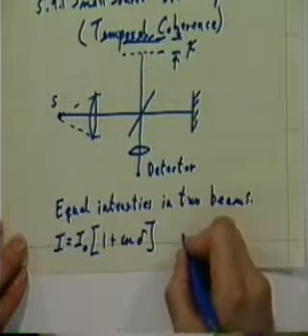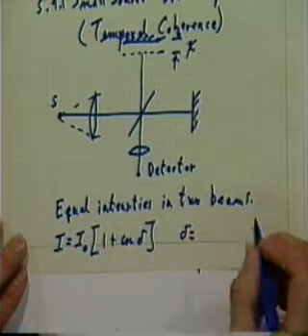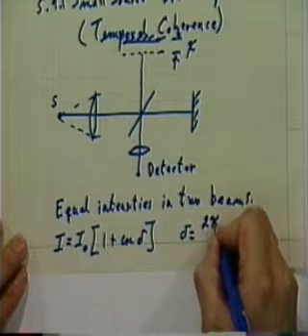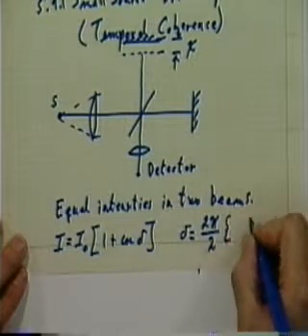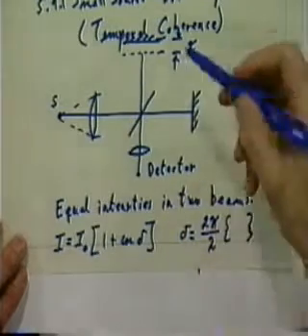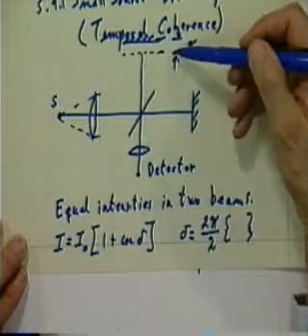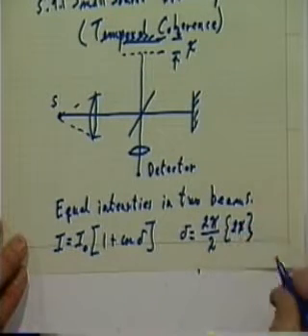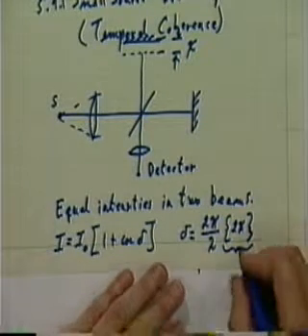And delta here is just going to be the phase difference between the two beams. And so we'll write that as 2 pi divided by the wavelength times the path difference, the round trip path difference, x plus x, or 2x.